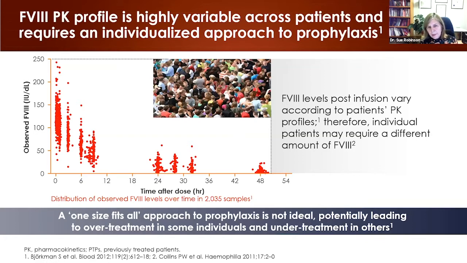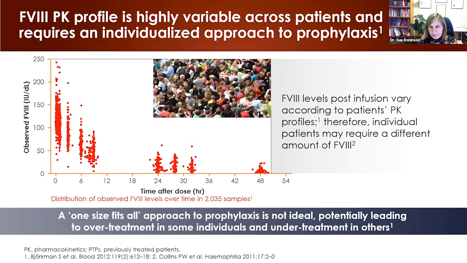There is a term that we call T1/2. That's the time for the original concentration of factor VIII that's infused to go down to 50%. Usually for factor VIII, the regular standard half-life products, that's in the range of 8 to 12 hours.